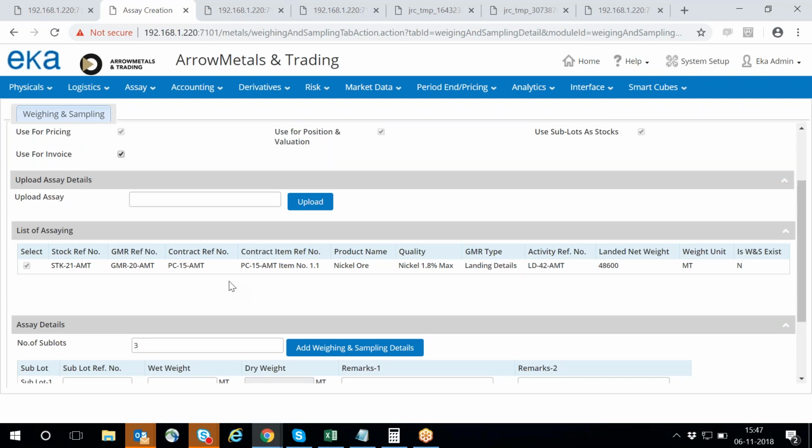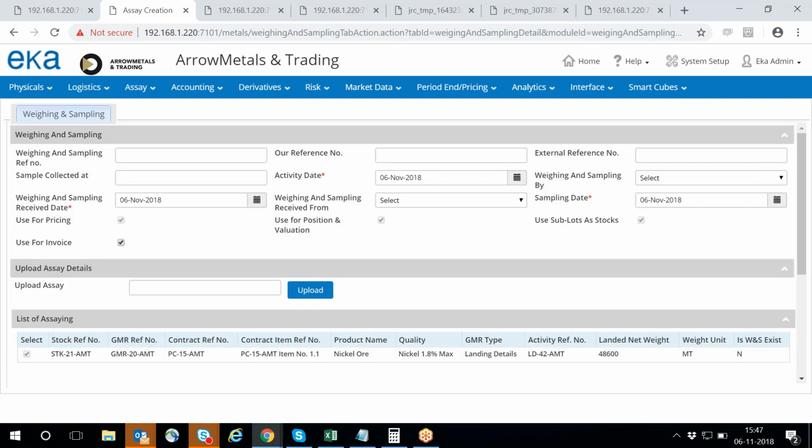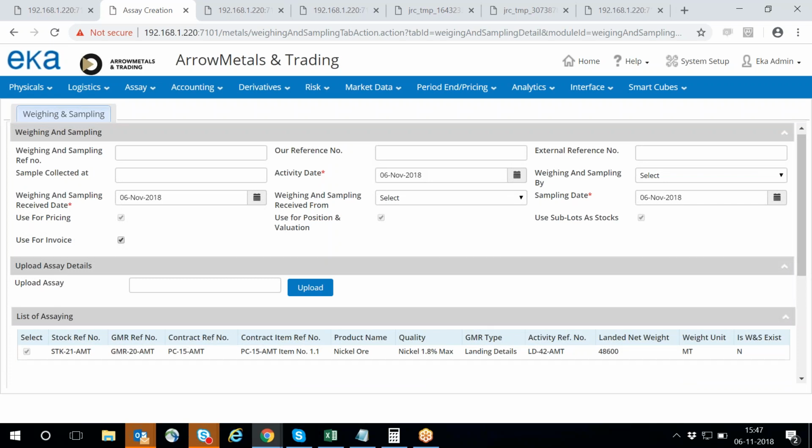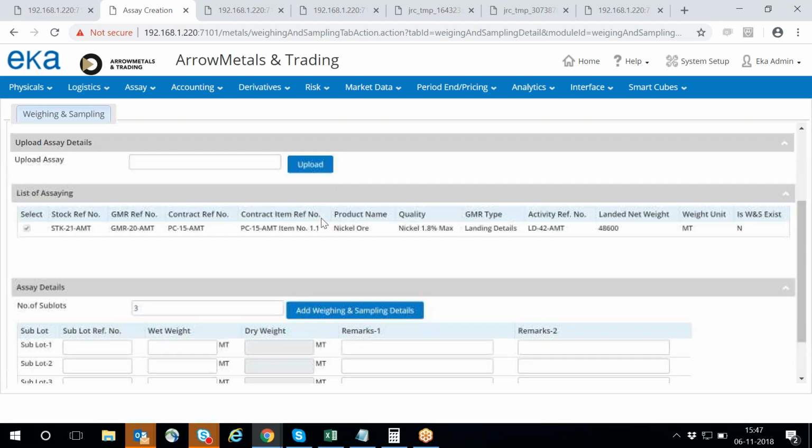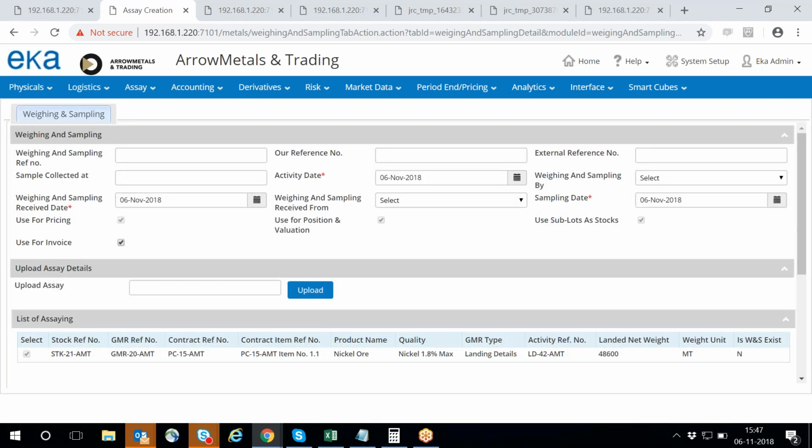If the checkbox is not checked, then the cost of goods will increase or decrease based upon the quantity entered here. So both cases will be handled for concentrates, whether to impact inventory or not. This is what we have discussed and we are proposing as a solution.